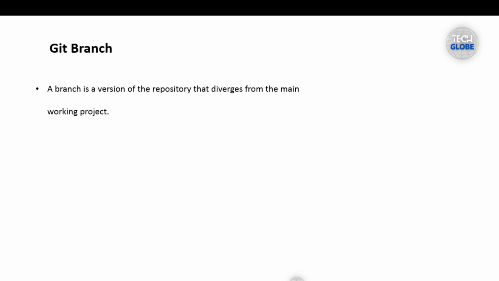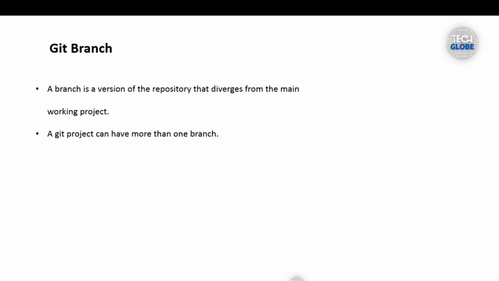A branch really helps you to work on different versions of your project simultaneously. Once you are done making your changes in the new branch, modifying files, adding some features you feel should be added, then you can commit and merge those changes to the main branch or the master branch.